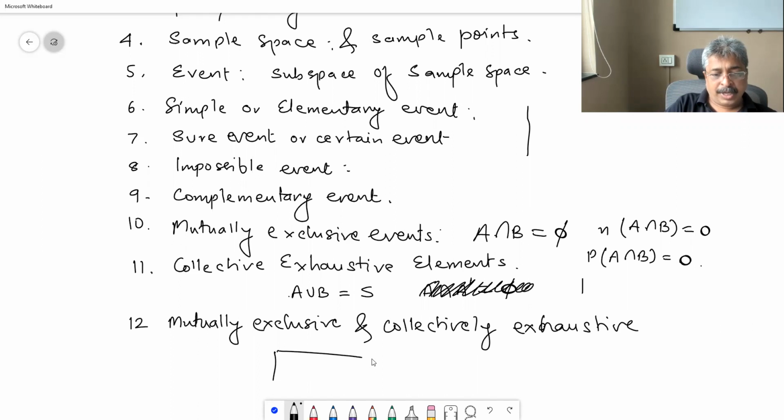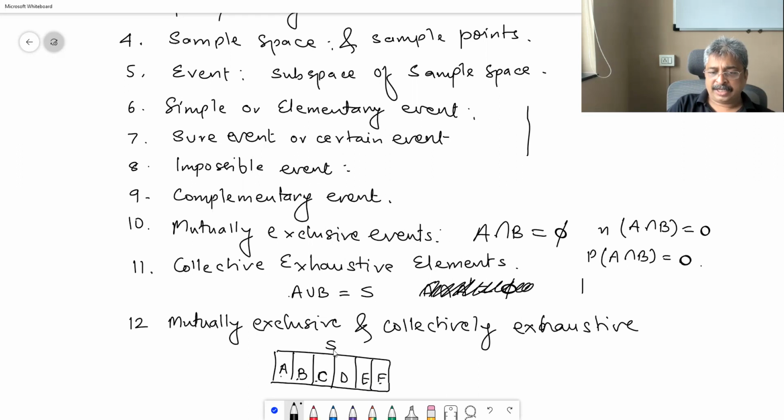It is like you have the total sample space and you have events which are subsets. This is A, this is B, this is C, this is D, this is E, and this is F. So there are a total of 6 events in the sample space S. So A union B union C union D union E union F is the sample space.